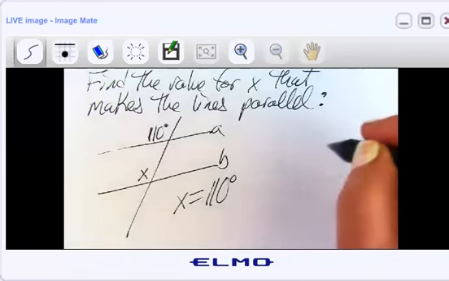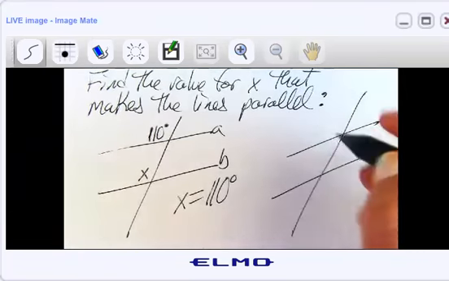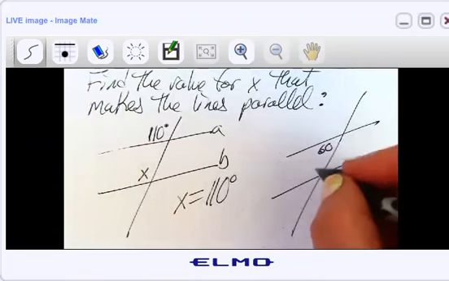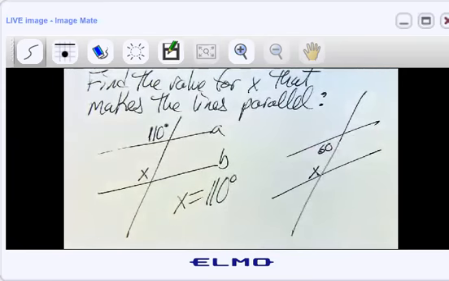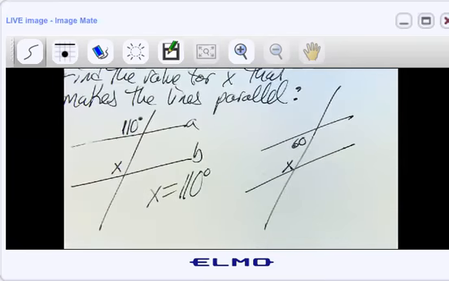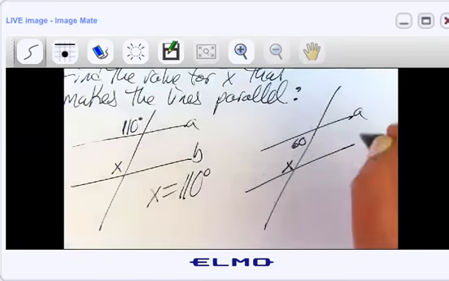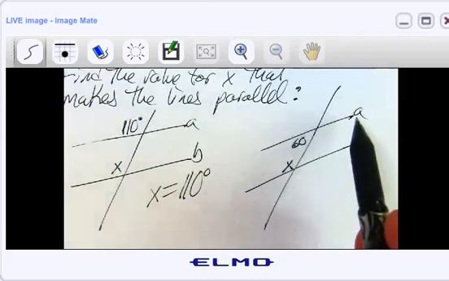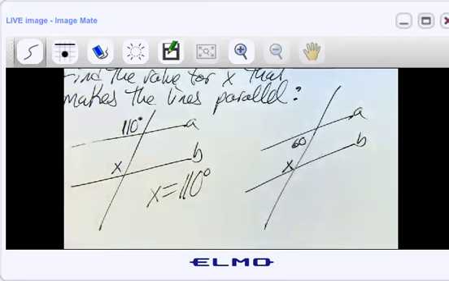Okay, let's try another. What if I did something like this? If this were, I don't know, 60, and I wanted to figure out what that angle would have to be in order for these two lines to be parallel? Anybody want to give this one a shot? What must the value of x be in this scenario to ensure that lines A and B are parallel to each other?